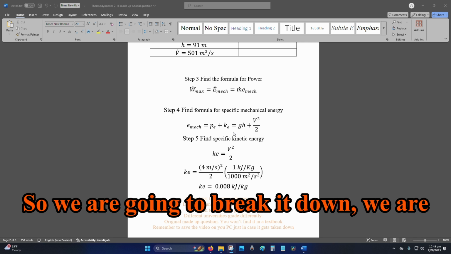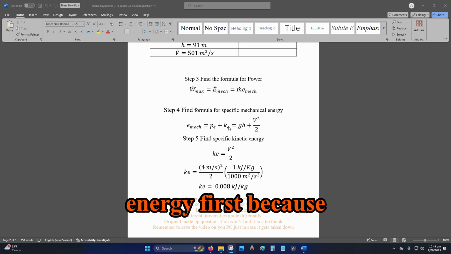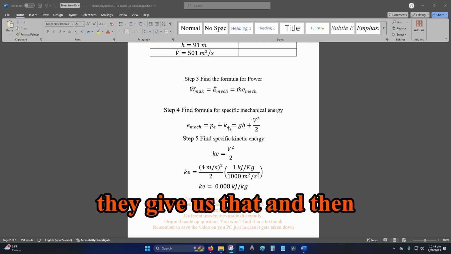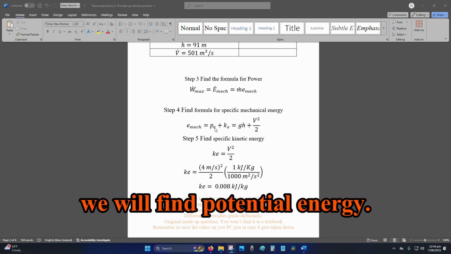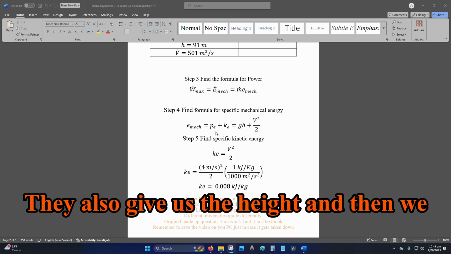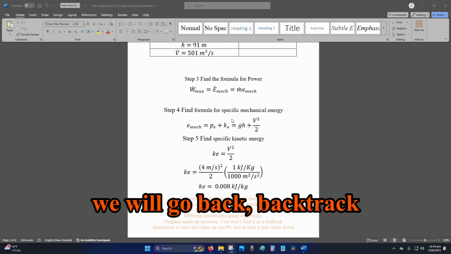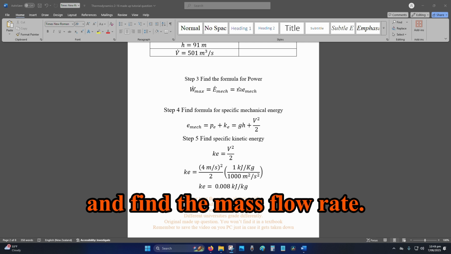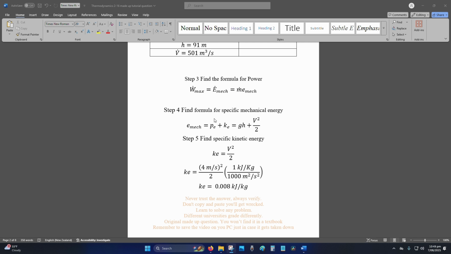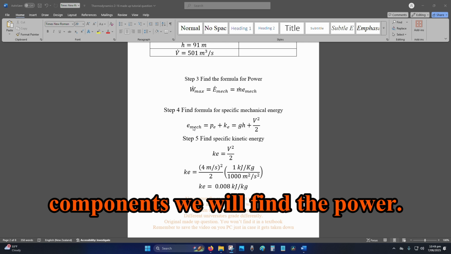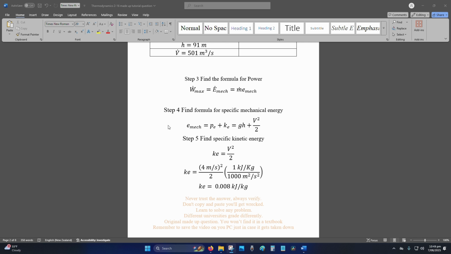So we're going to break it down. We're going to find kinetic energy first because they give us that, and then we'll find potential energy. They also give us the height, and then we'll combine it, and then we'll backtrack and find the mass flow rate. Once we have all the components, we will find the power.